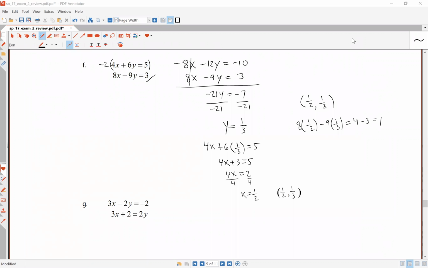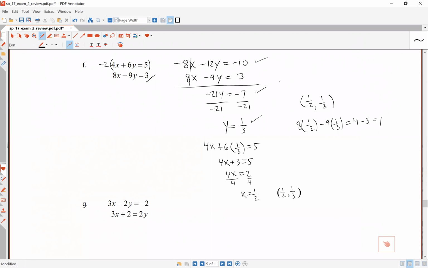So obviously there's a mistake somewhere. If it didn't work back in this equation, then that means I need to retrace my steps. Negative 2 times 4x is negative 8x, minus 12y is negative 10. That looks good. I added those together, got negative 21y equals negative 7. That looks good. Divide by negative 21, and I got 1/3.